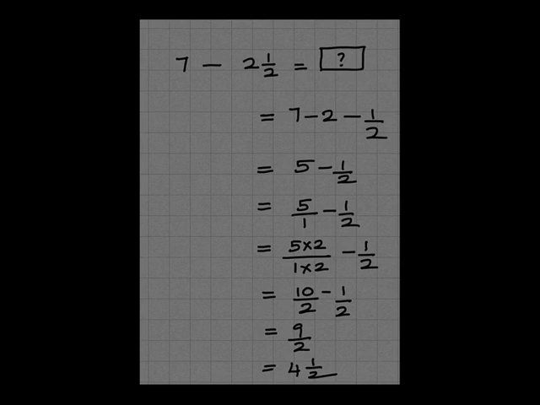To make it into like units, multiply the denominator with 2 so that we get the denominator 2 and also the numerator with 2. So when we multiply, we get 10 by 2 minus the fraction 1 by 2. 10 minus 1 is 9, 9 by 2.